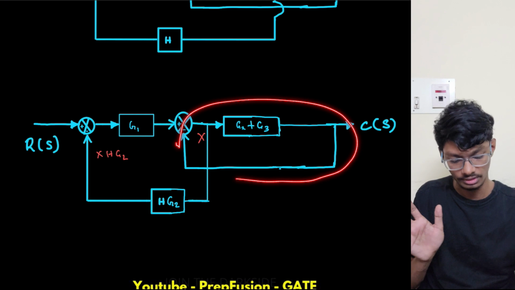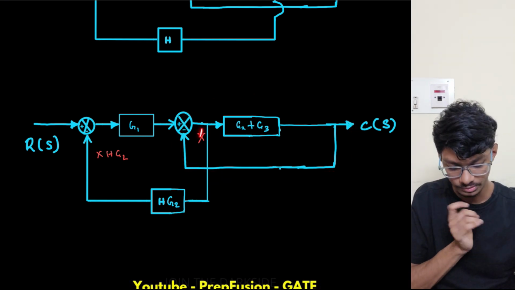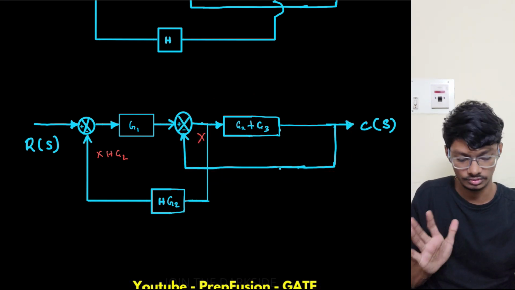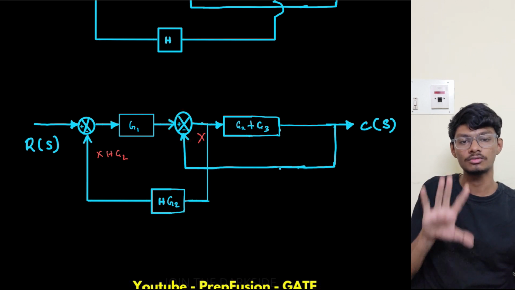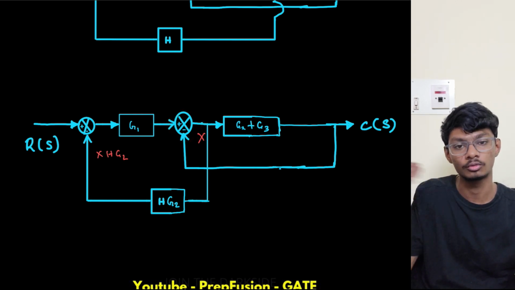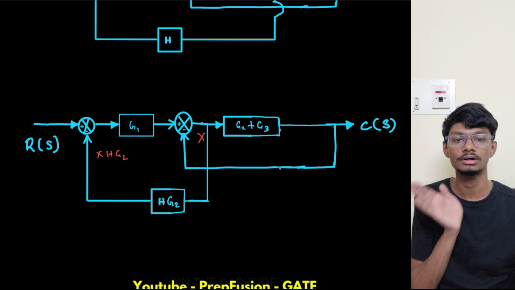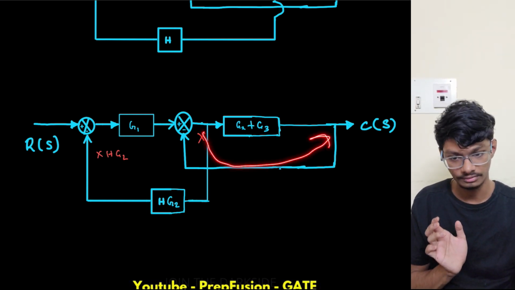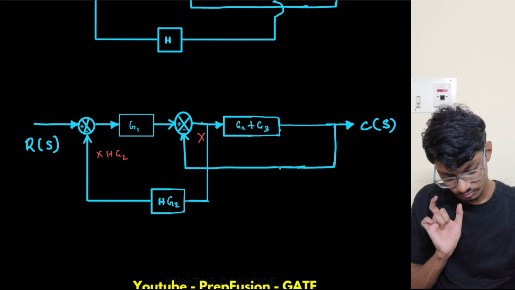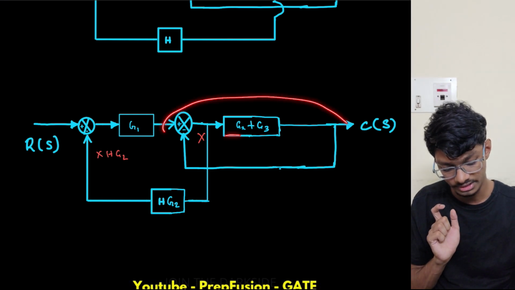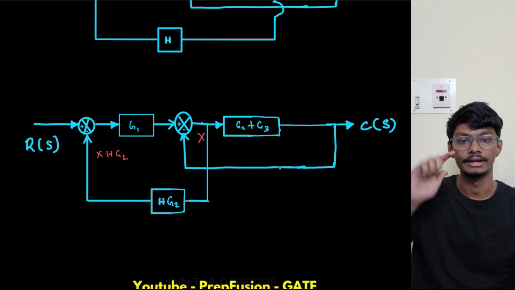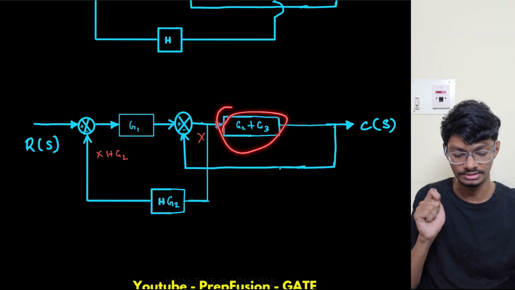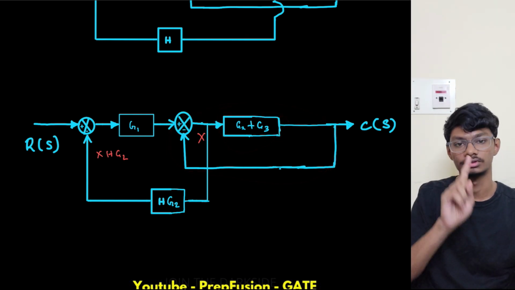Because this is looking like a negative unity feedback. Now moving this point to here will be a bit complicated because we have an adder. So generally I tend to not go to the adder path. Instead I tend to go to the gain block path, right? So I will try to move this again to here, so that this combination becomes a negative unity feedback, and I can replace this feedback with one single block.